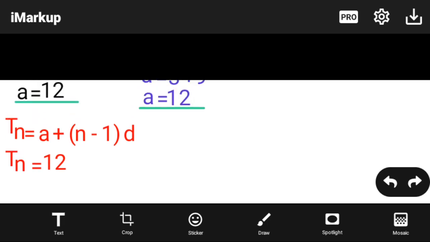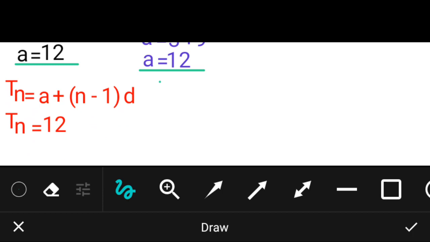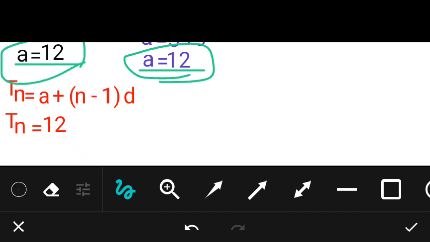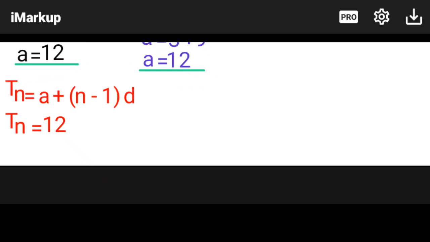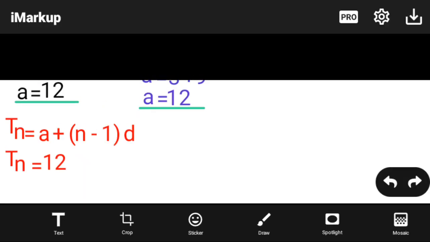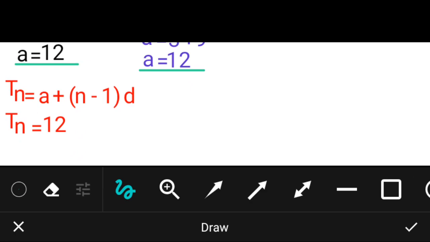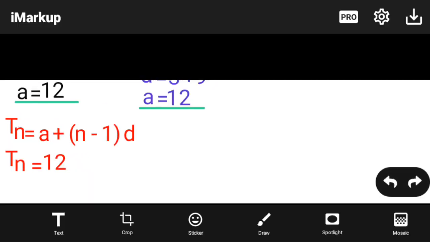Have you seen here? We got this answer here, which is 12. So that is the first term. So where you have a there, you are supposed to put the first term, which is 12.